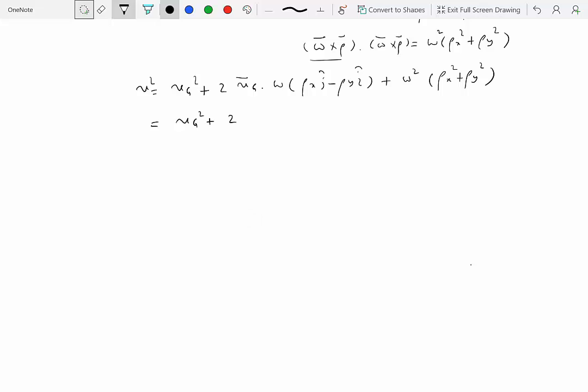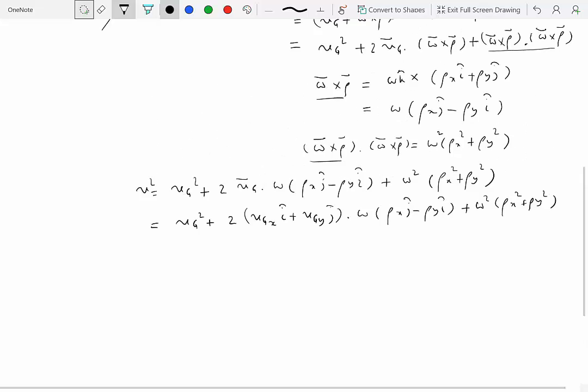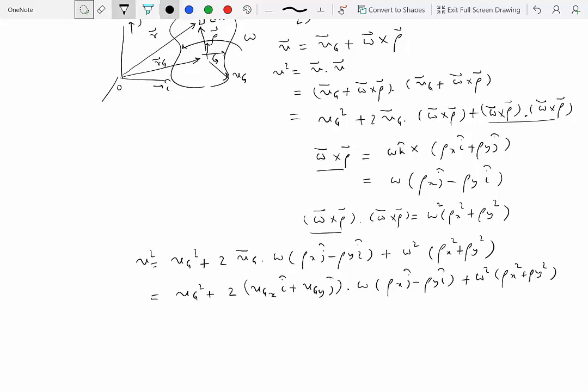Now v_g is a velocity vector in a plane, so that can be written as some v_gx i hat plus some v_gy j hat, dotted with omega (rho_x j hat minus rho_y i hat), plus omega squared times this. Now keep in mind that all this analysis that we are doing, starting from this point onward, when we introduce a simplification, is going to be for a rigid body moving in a plane, okay?